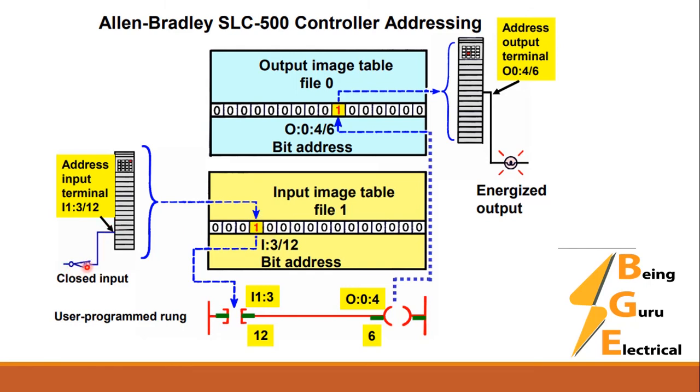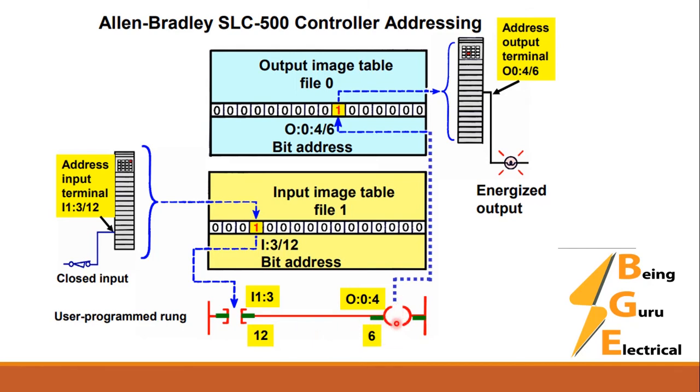The input is connected to this input module, and the input module stores the data, either 1 or 0, in this memory location. From this memory location, the contact is examining the data. If this is closed, or high, the output will be high.